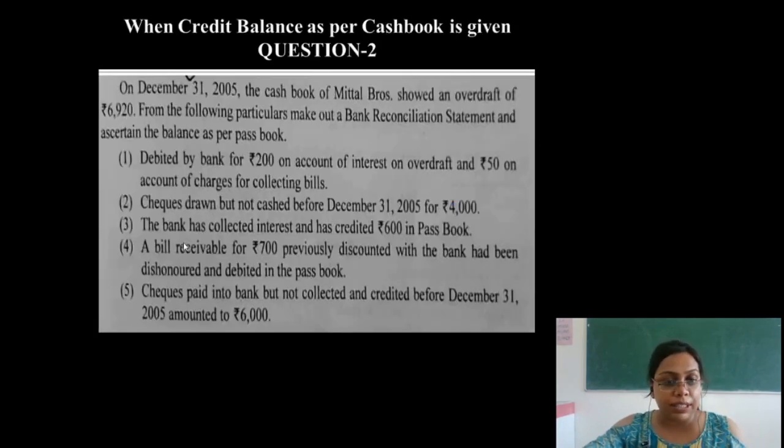So it is done. Bills receivable of rupees 700 previously discounted with the bank had been dishonored and debited in the passbook.